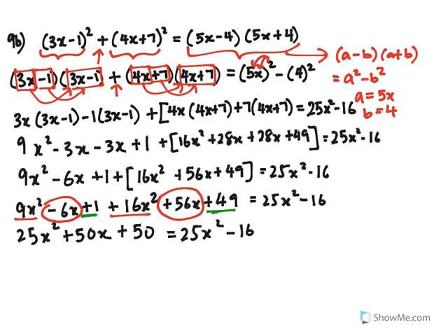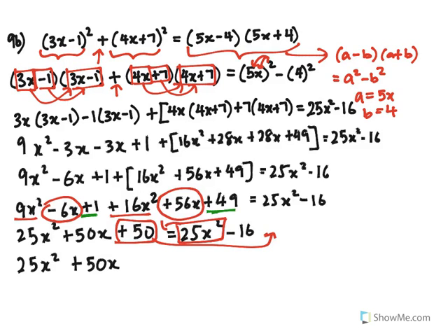Now this part, you need to bring all the numbers to one side and all the alphabets to the other. So let me keep my 25x squared here, and also let me keep my 50x over here. Now I have to bring my plus 50 onto the other side, and I have to bring my 25x squared onto my left. So remember, whenever you bring things over, you have to change the sign.